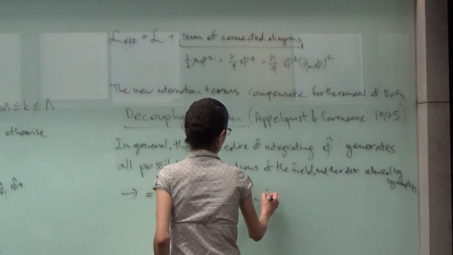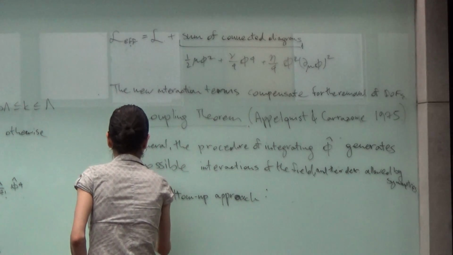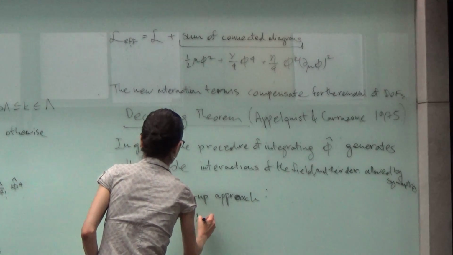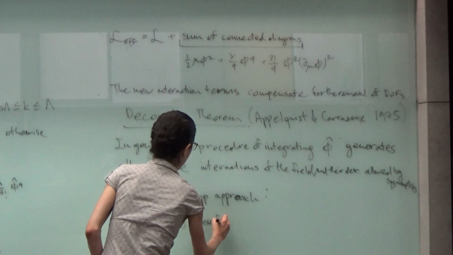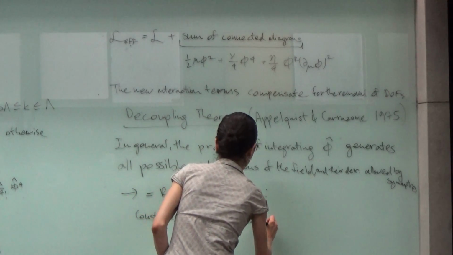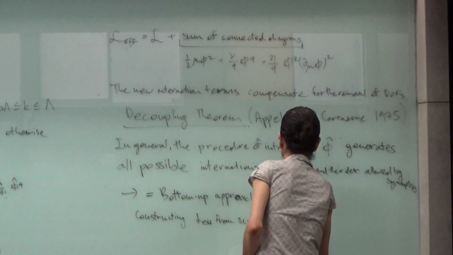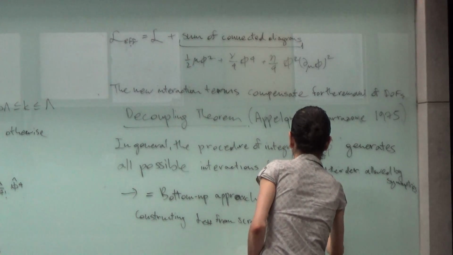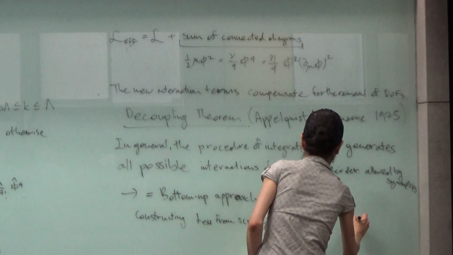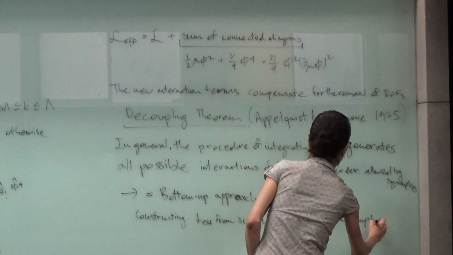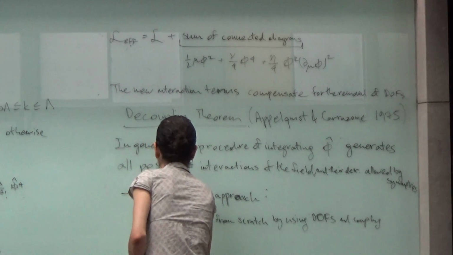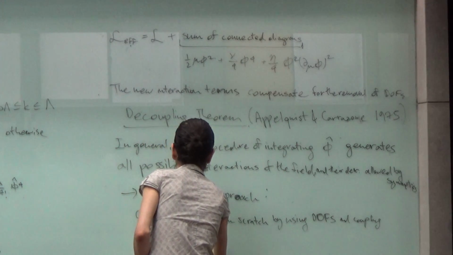Which means just constructing an effective theory from scratch by using degrees of freedom and coupling them according to allowed symmetries.